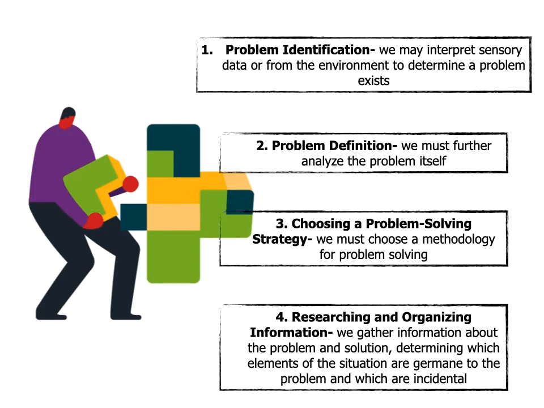So once you recognize the problem and acknowledge our ability and willingness to take action, we then must further analyze the problem itself. So analysis here is very important. We need to break down the problem that we have identified to further understand what needs to be solved.